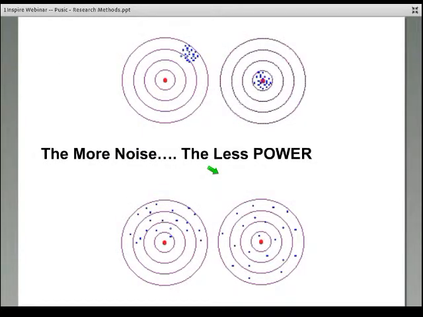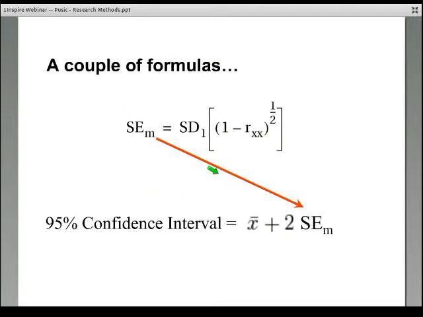And the thing is that the more noise there is in the estimate that your outcome instrument is providing, the less power you're going to have to detect a difference. And so you have to compensate for that. I won't belabor these formulas, but the gist of it is that if you see here, this R is the value of Cronbach's alpha.